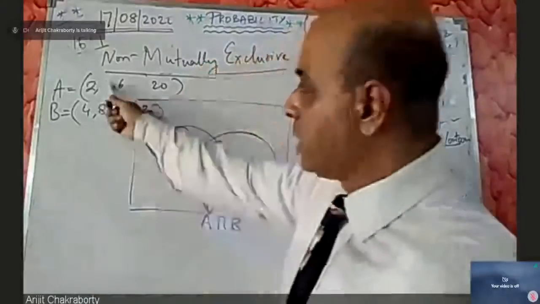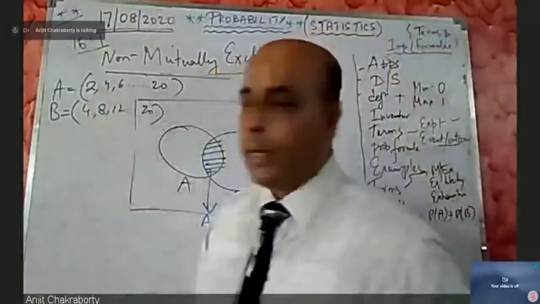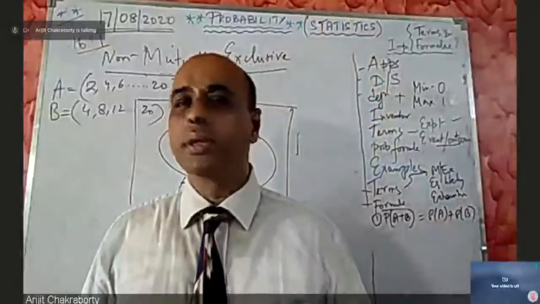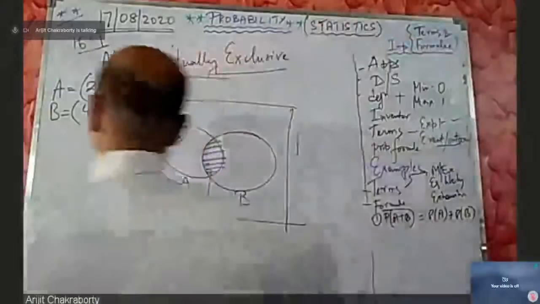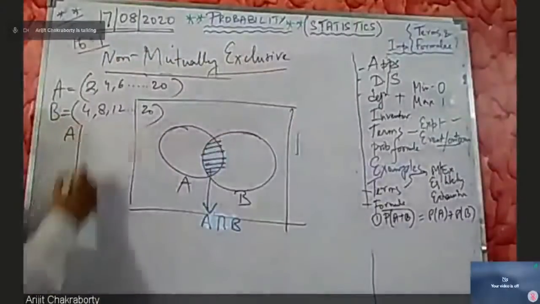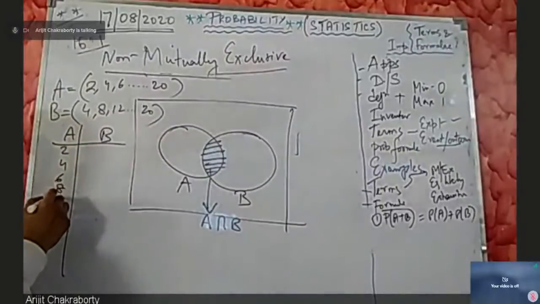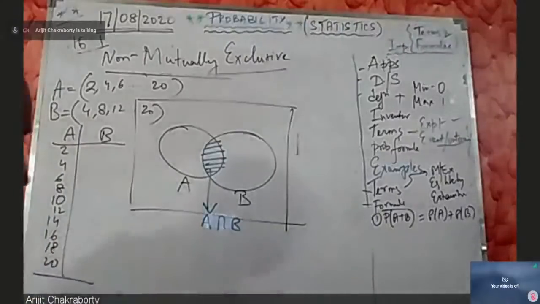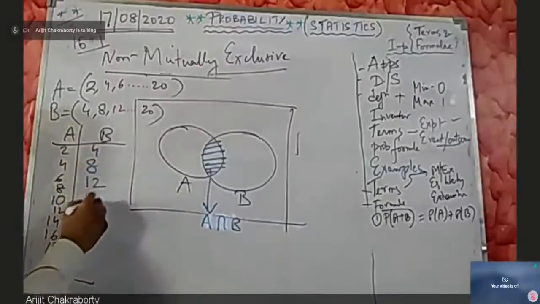Please note, these two events, choosing a number, A and B, are they mutually exclusive? No. Because if I expand A here: 2, 4, 6, 8, 10, 12, 14, 16, 18, 20. Fine. I also expand B. B is 4, 8, 12, 16, 20.